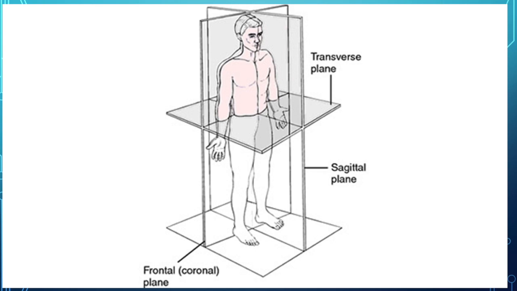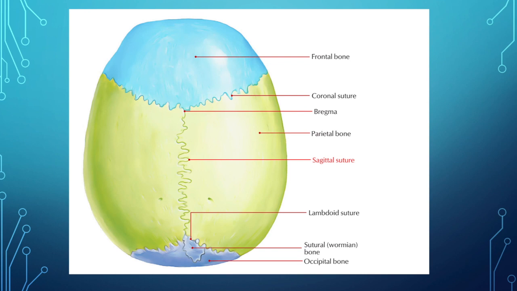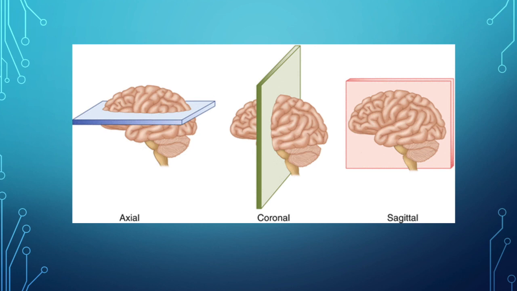The easier way to remember is this: you just look at the sutures. If you see here, this is the coronal suture. So anything along this axis, these are coronal cuts. Also, if you see the sagittal suture here, any cuts along this plane will be sagittal cuts, and axial cuts will be along the cross-sectional plane.